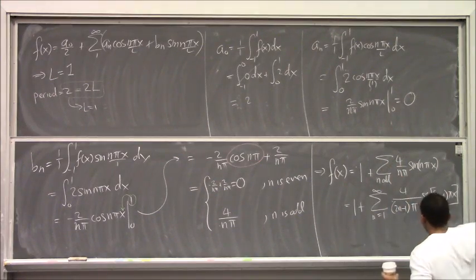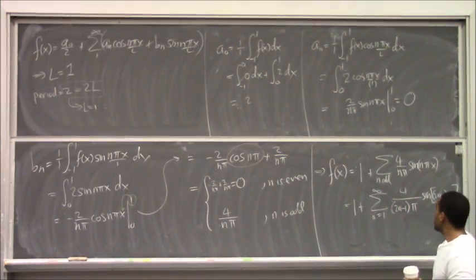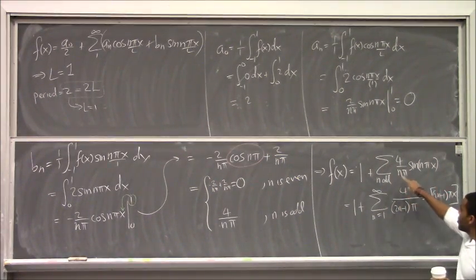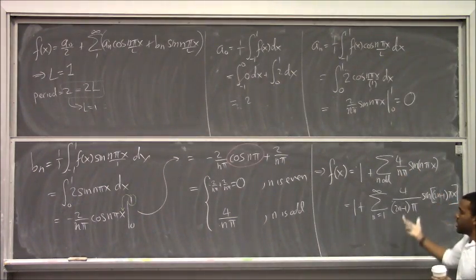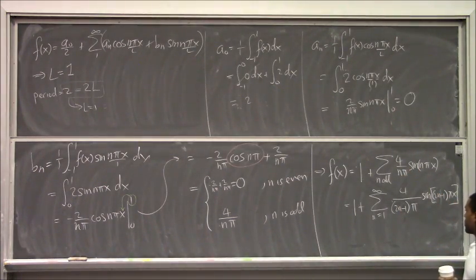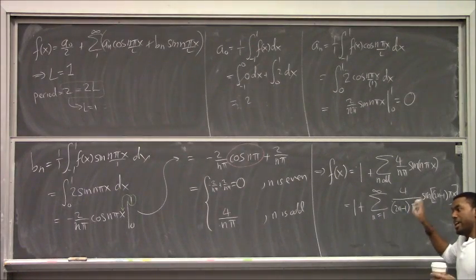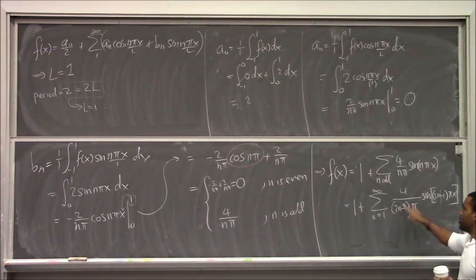Then I worry about the series as a separate thing. The series only functions when the integer you're plugging in is odd, so I can write it as 2n minus 1 instead. No matter what I plug in for n here, this is always going to give me an odd number. Even if you set n to be even, like 2 times 2 is 4 minus 1, it'll plug in 3.